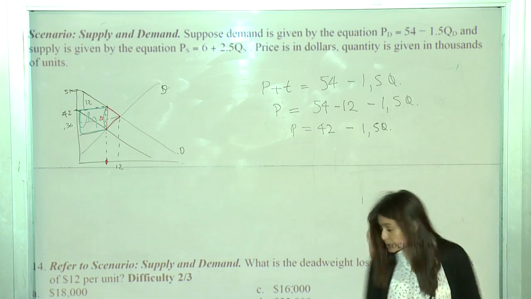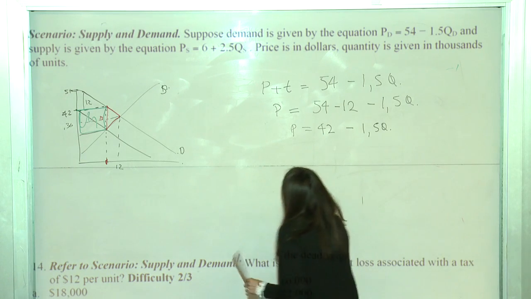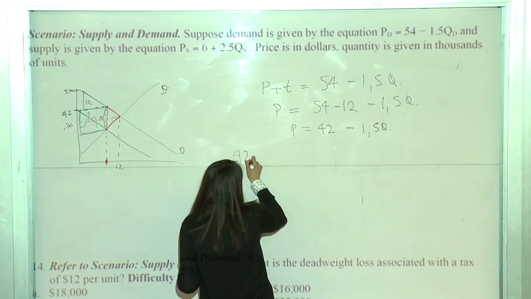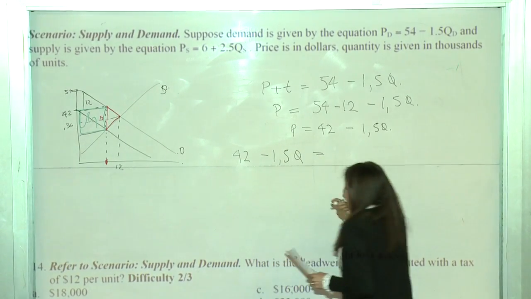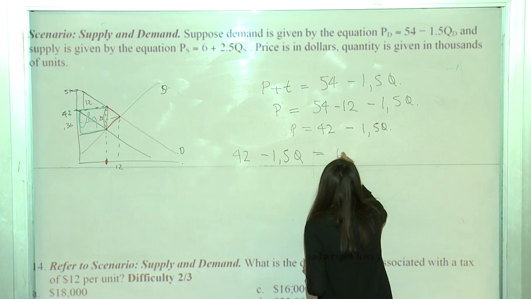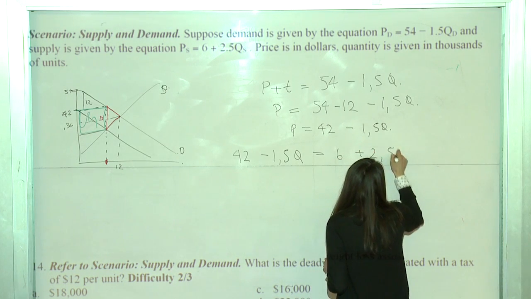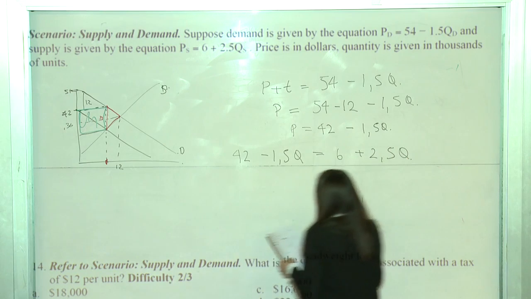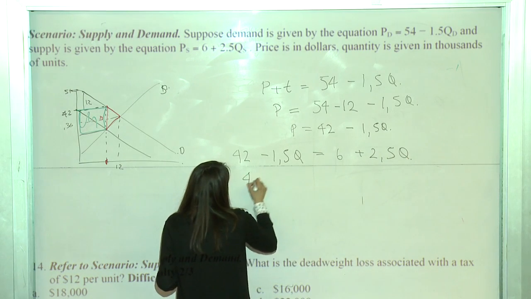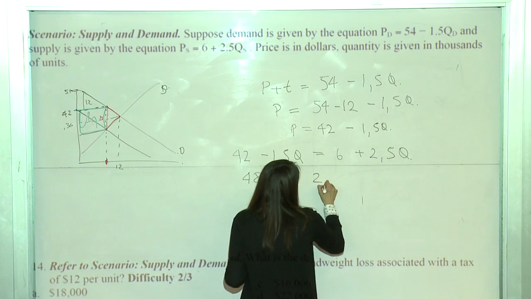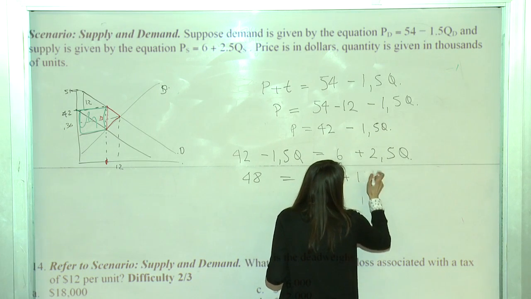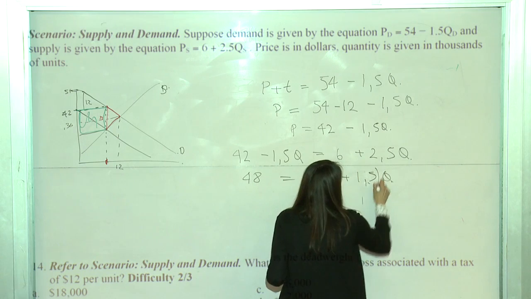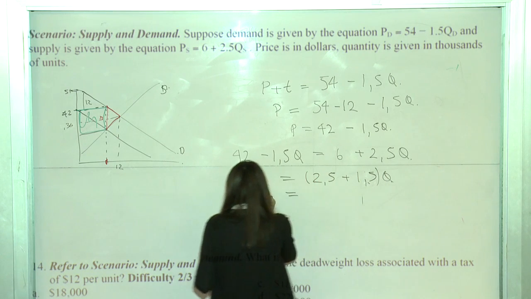Okay. So how do we do this? We take this shifted demand function, we make it equal to the supply function, okay, and we find the quantities of equilibrium.